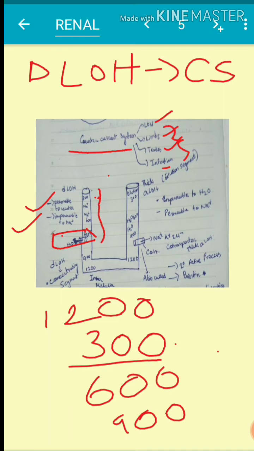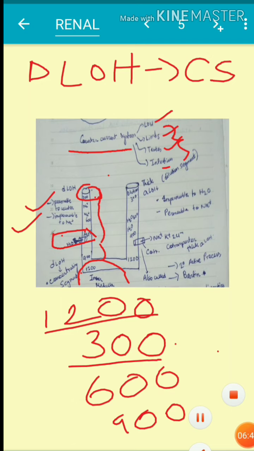And a point we should note down here is that in the inner medulla, it can be referred to as the countercurrent multiplier also, because you can see that the concentration is increasing from the initial level till it gradually descends to 1200 milliosmol. So we can say that the descending loop of Henle is the concentrating segment.